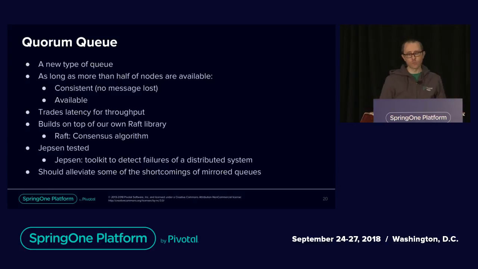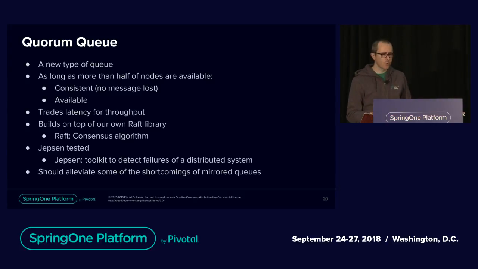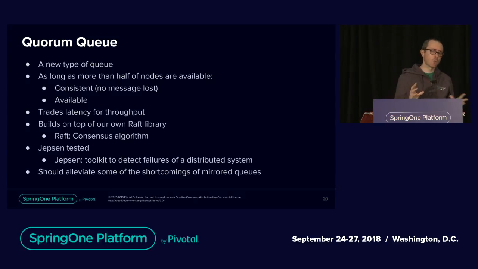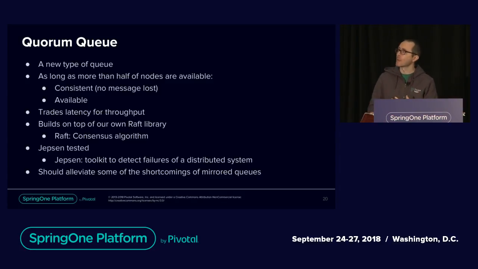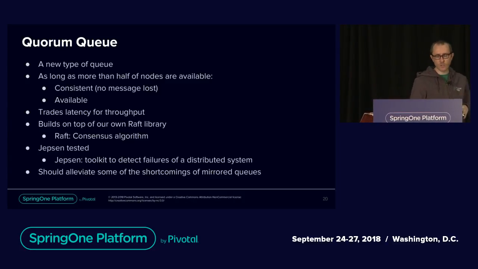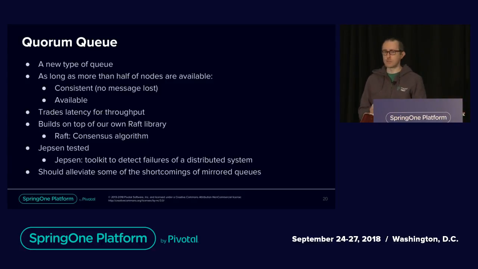Focus on the new Quorum Queue implementation, so a new type of queue. We are going to try to provide a more consistent queue implementation with these new Quorum Queues. And we trade latency for throughput in this case. The point here is to build something solid that anyone in the industry can understand, especially about the semantics of failure.